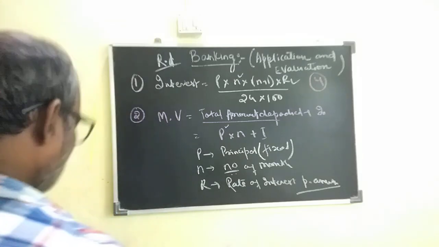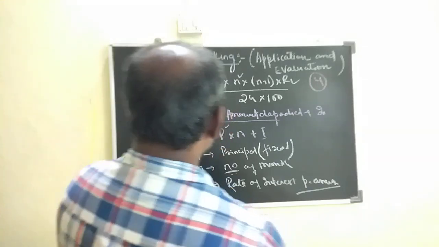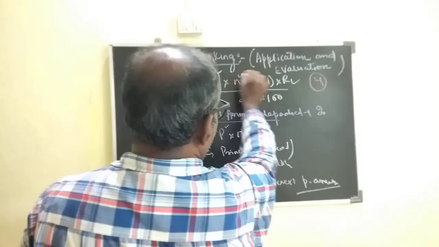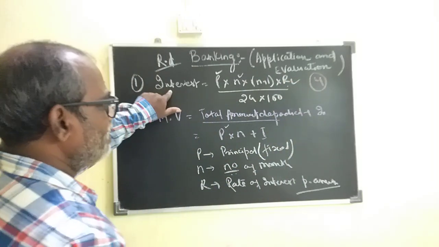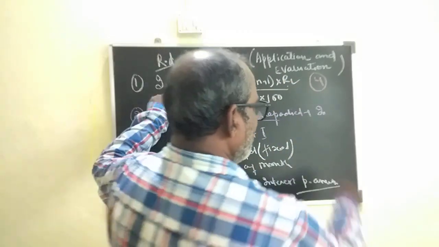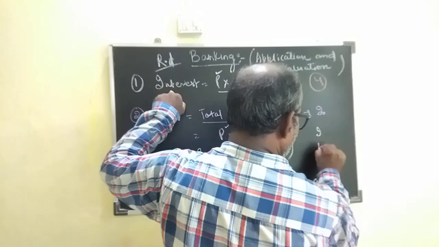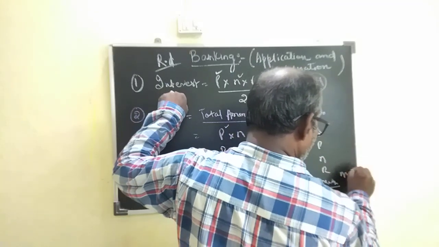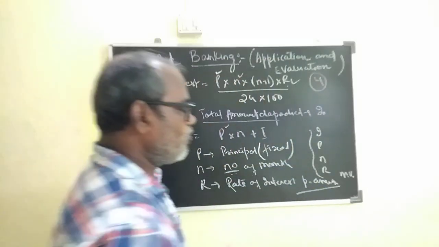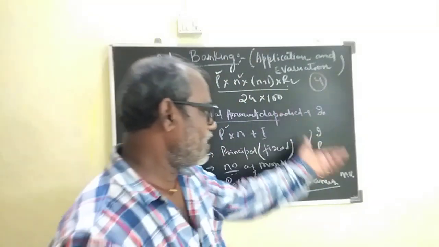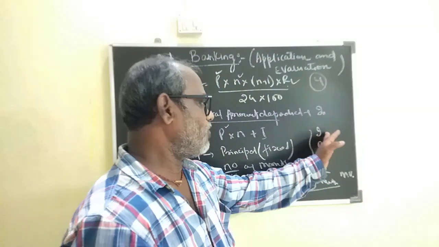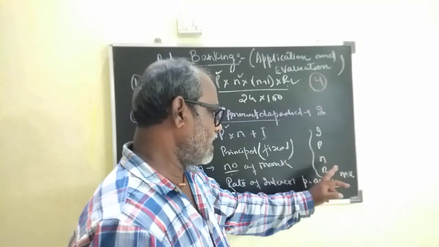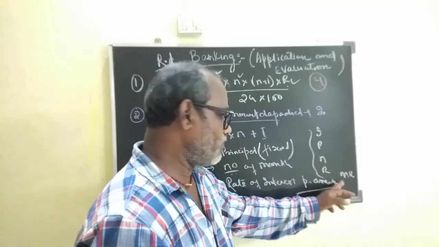So from here what we can see is that we have P, N, R and I, and as well MV. So we have these 5 variables. Mostly in the board exam, out of these 5 variables, the question may appear for interest, or principal, or number of months, or rate of interest, or maturity value.